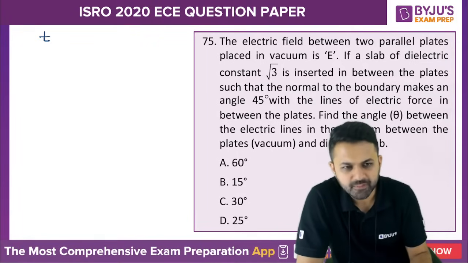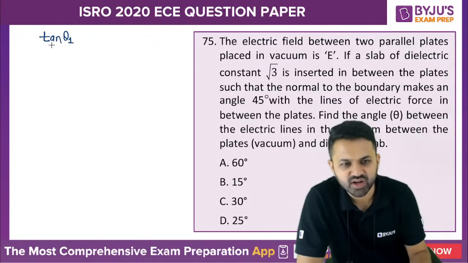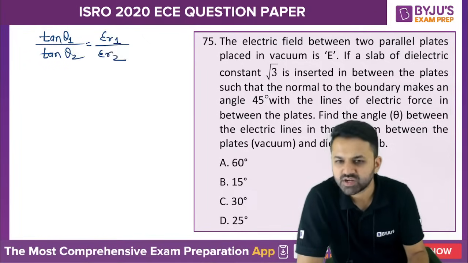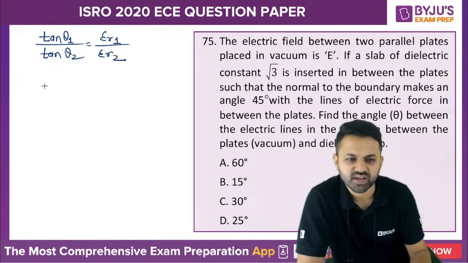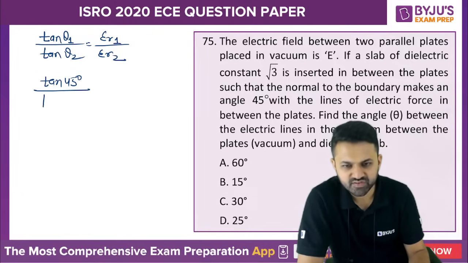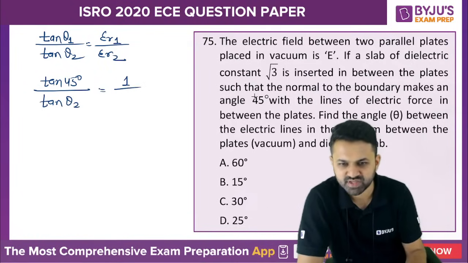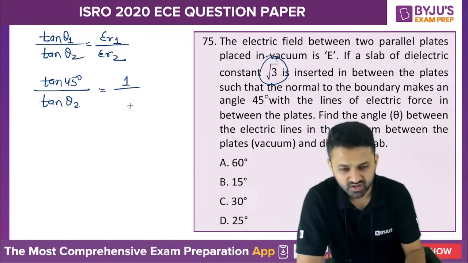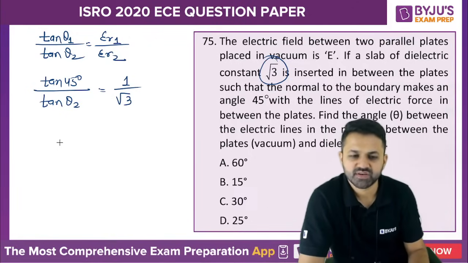So we know that tan theta 1 divided by tan theta 2 is equal to epsilon r1 divided by epsilon r2. The first medium is vacuum and the angle is 45, so tan 45 divided by tan theta 2, which we want to calculate. The second medium has relative permittivity root 3.